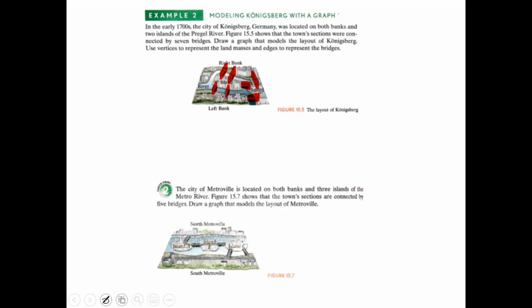Okay, so I'm going to start off with the right bank, and I'm going to label this one A, left bank, and B.